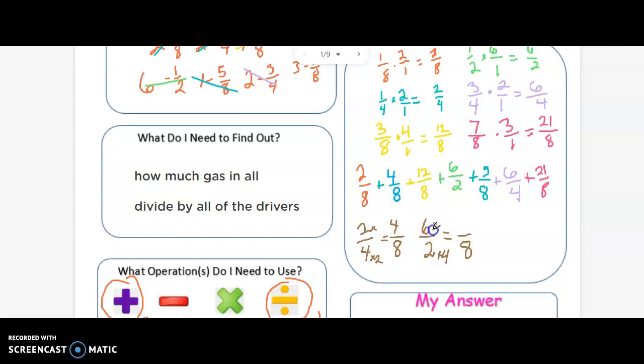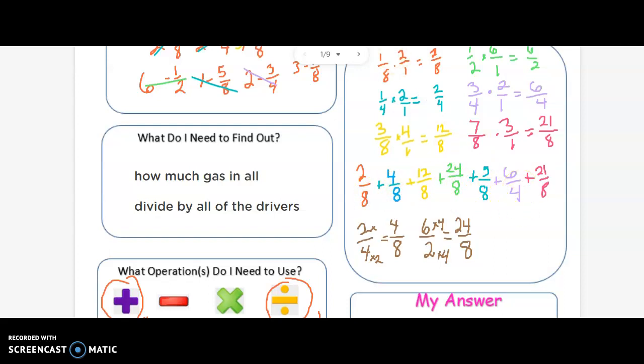And whatever I do on the bottom, I do on the top. 6 times 4 is 24. So now my 6/2 is going to be the equivalent fraction of 24/8. Now let me write it on there.